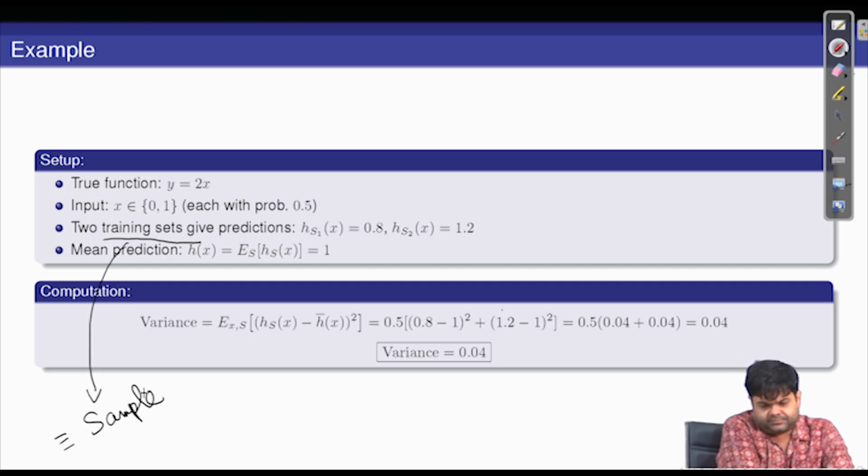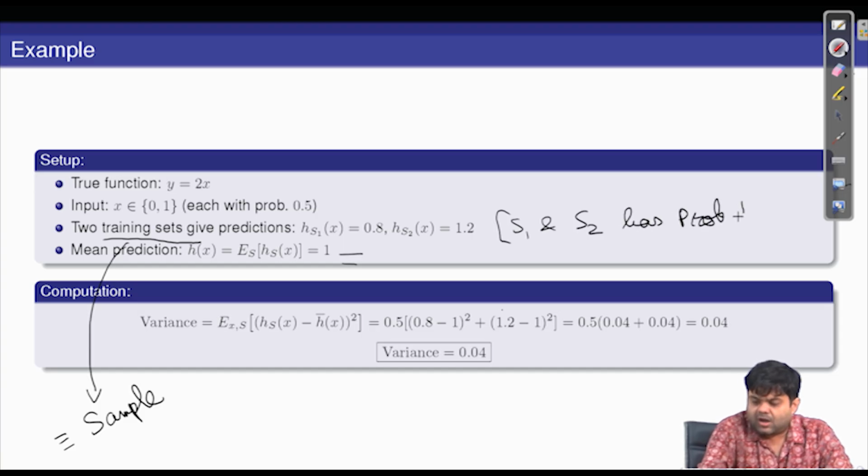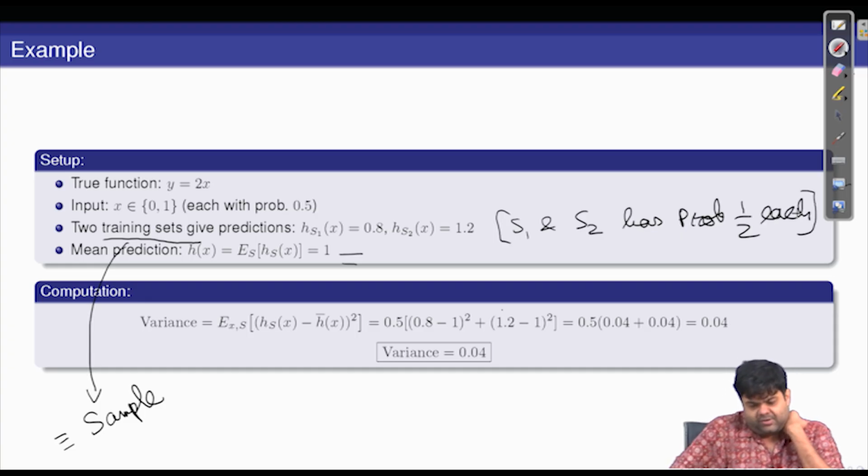Suppose you are getting predictions 0.8 and 1.2 from the two samples S1 and S2, and I assume S1 and S2 each have probability half, that is, only 2 possible samples with equal likelihood.